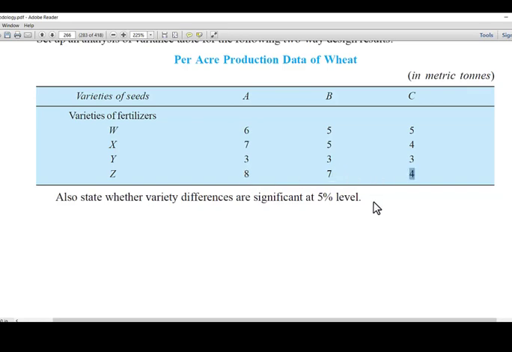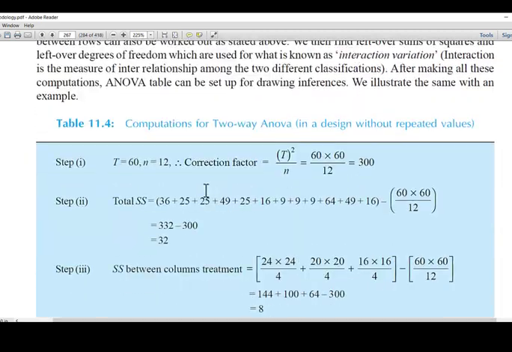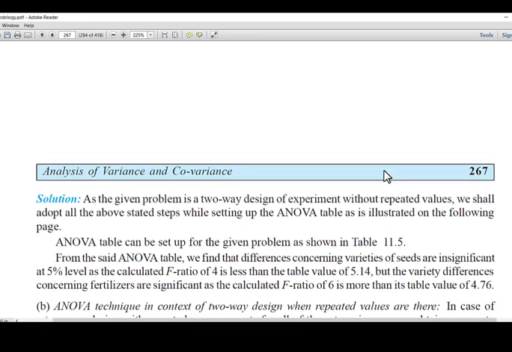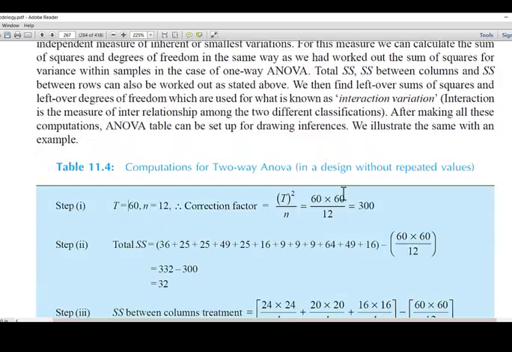That total is capital T, that is 60. And n is 12 because this data totals 12. There are a total of 4 rows and 3 columns, total 12. And then the correction factor is calculated as T square by n, 60 square by 12, that is 300.